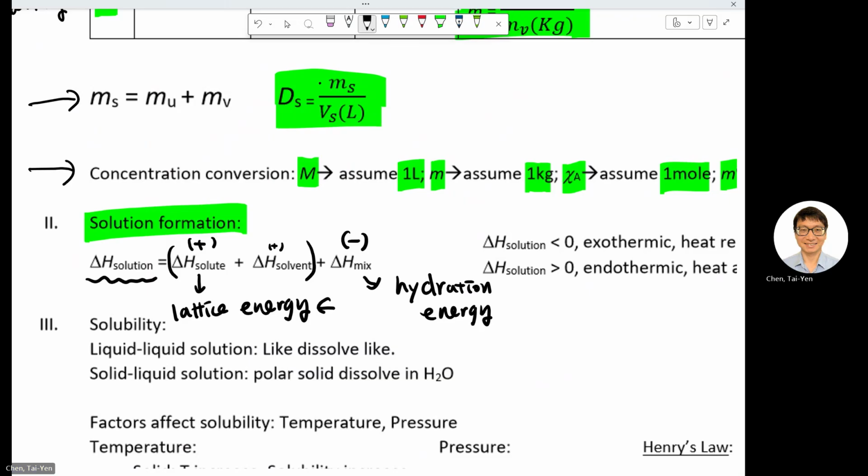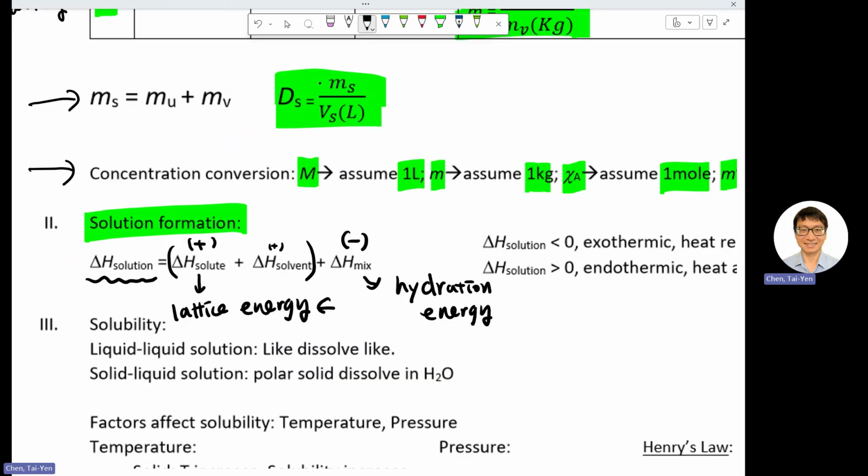From this equation, you should be able to see that the sign of your delta H solution can be either positive or negative, depending on the magnitude of your lattice energy and hydration energy. If you have a very large hydration energy that outweighs your lattice energy, then your delta H solution will be negative. If the lattice energy is larger than your hydration energy, then your delta H solution is positive.